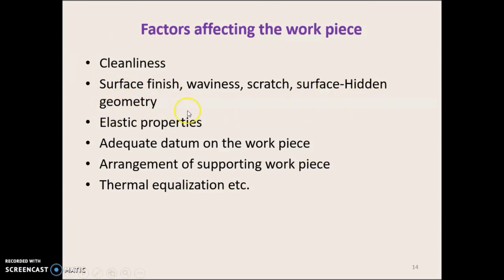These can be checked using various non-destructive testing methods, and based on that only we will be able to identify whether there are any irregularities beneath the surface. Okay. Similarly, the various elastic properties of the workpiece, and the adequate datum on the workpiece. Adequate datum in the sense of adequate standard which can be fixed on the workpiece.